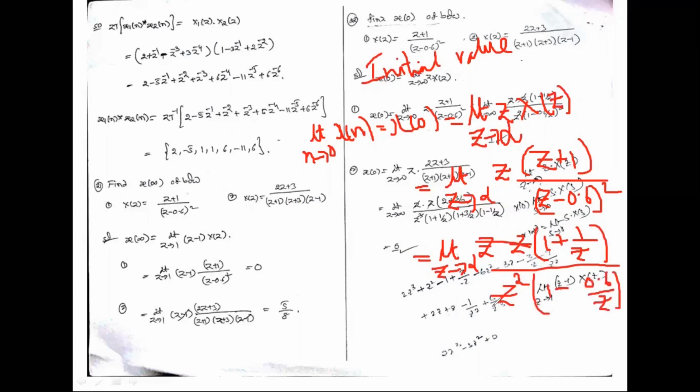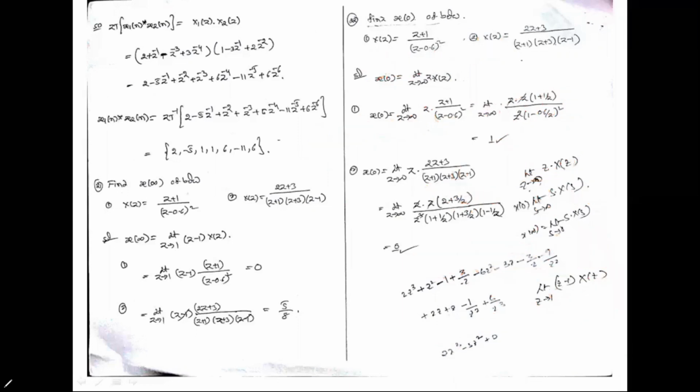So here the z into z, z square gets cancelled. Now you can substitute z tends to infinity: (1 plus 1 by infinity) by (1 minus 0.6 by infinity). 1 by infinity is nothing but 0. 1 plus 0 by 1 minus 0 becomes 1. The value is 1 for x of z equal to (z plus 1) by (z minus 0.6) whole square.